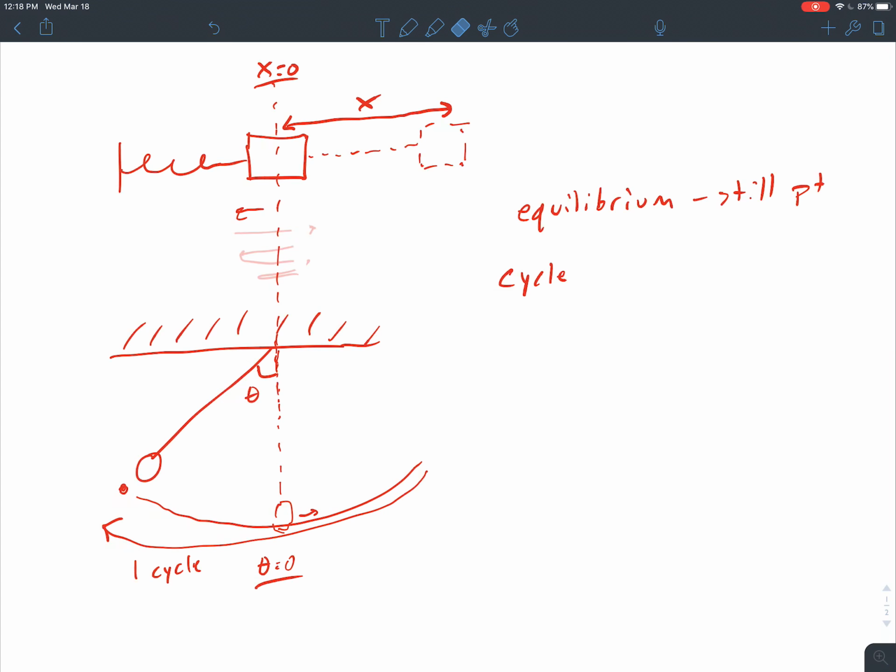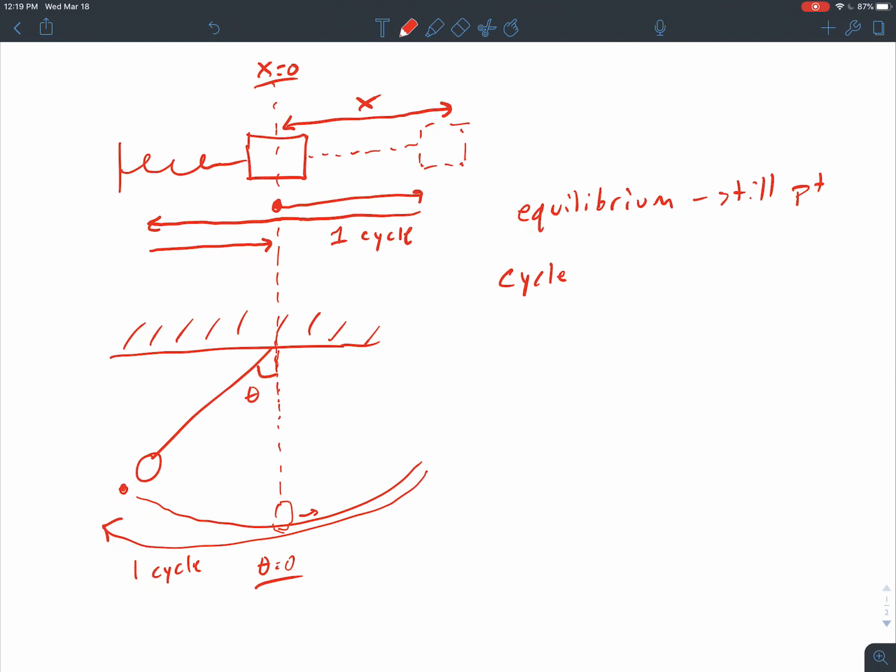Just like if this mass starts here, goes this way, comes back to its original point, goes to the other side, then finally back to its equilibrium, that's one cycle.